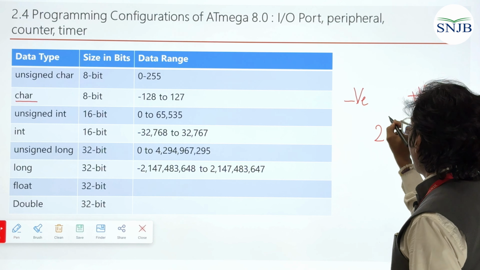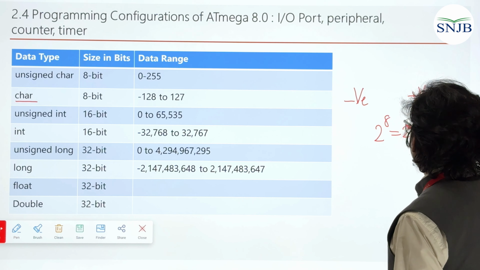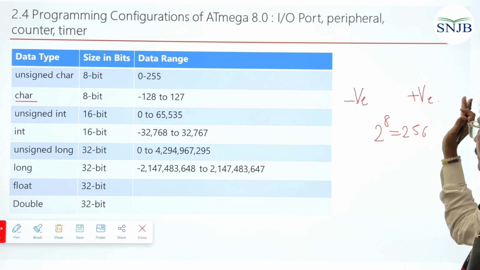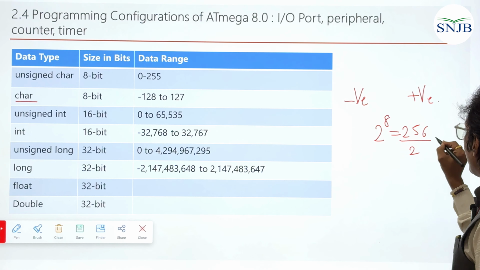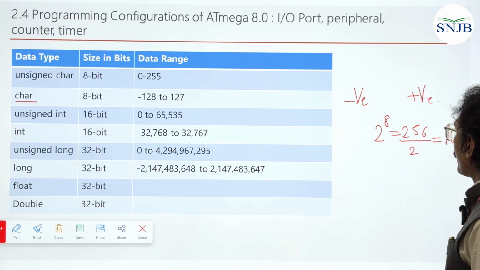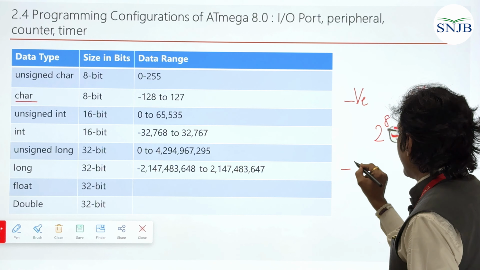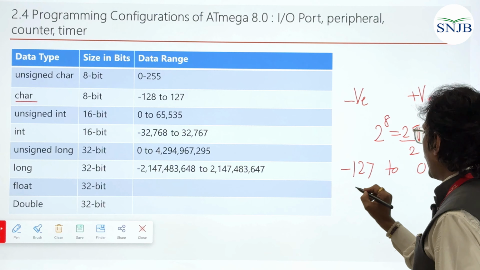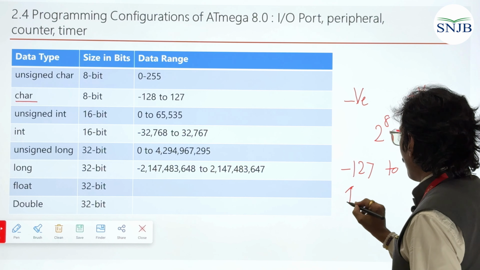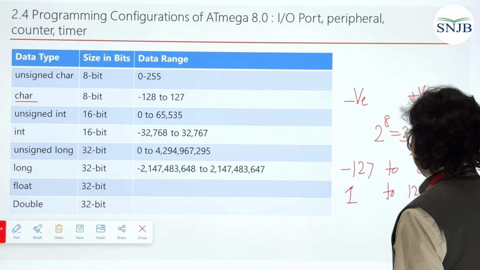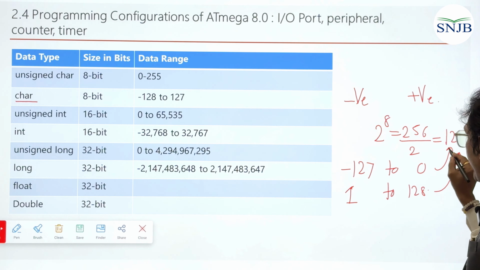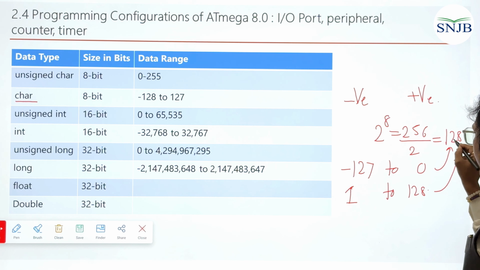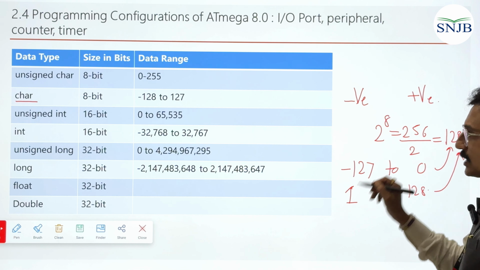Again the same, 2 raised to 8 means 256, and as it is having half negative and half positive values, 256 divided by 2 is 128, means it is having values from minus 128 to 0, and 1 to 127. So 128 multiplied by 2 is 256.